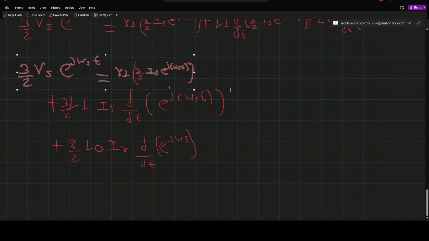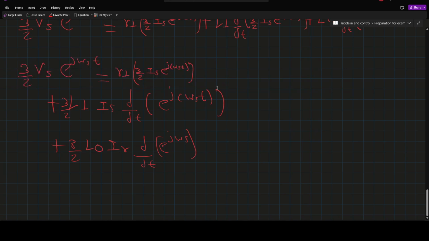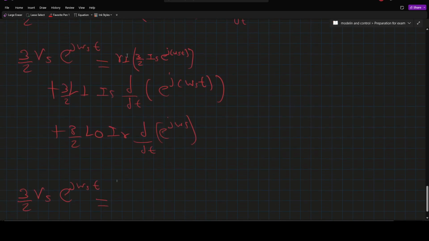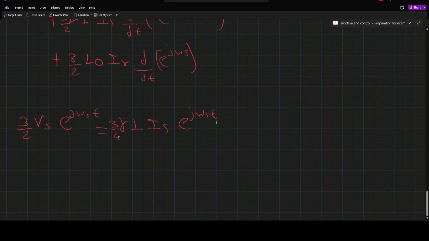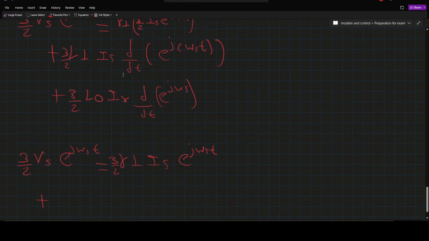We still have this: R1 times 3 halves I S. We can expand this 3 halves I S e to the j omega s t, plus all of this.